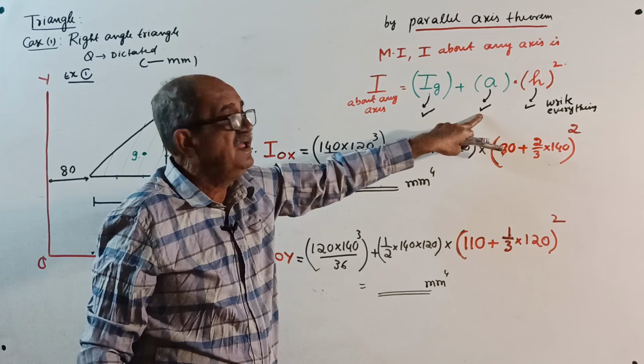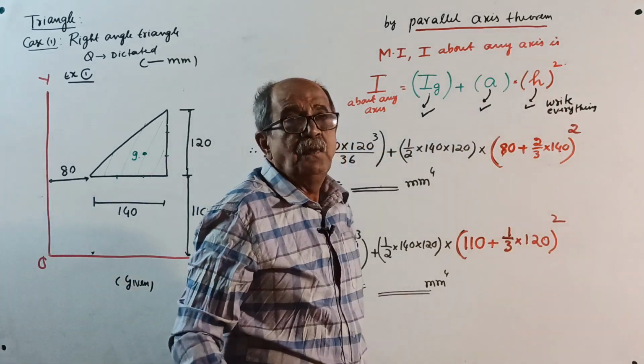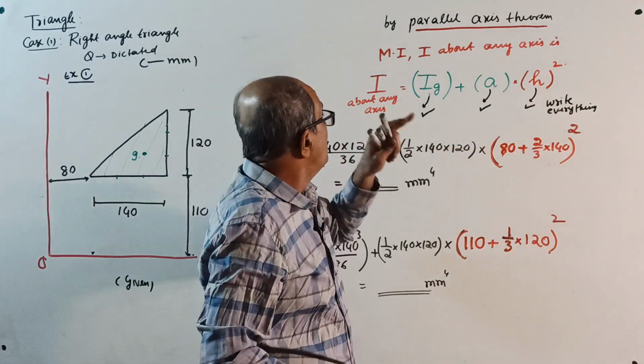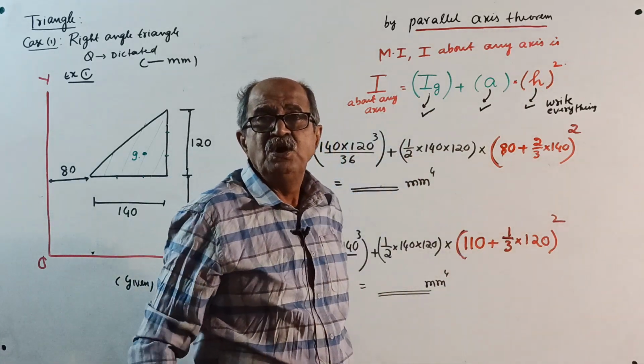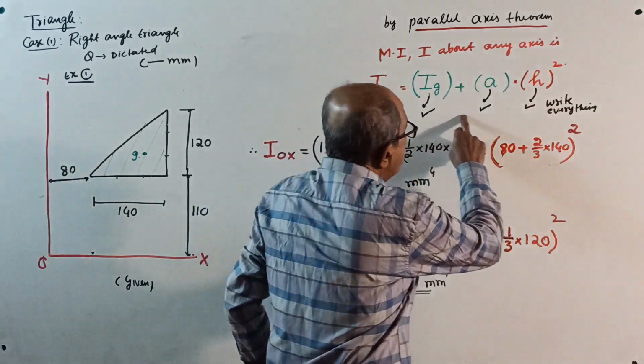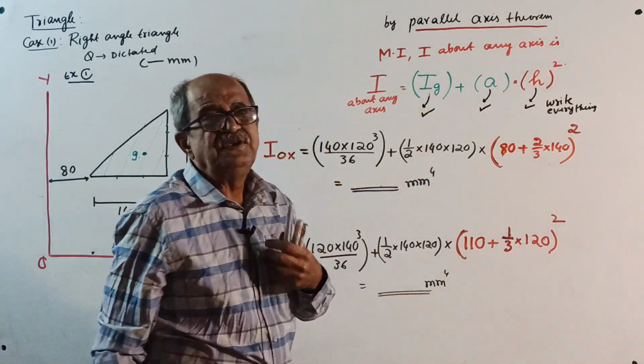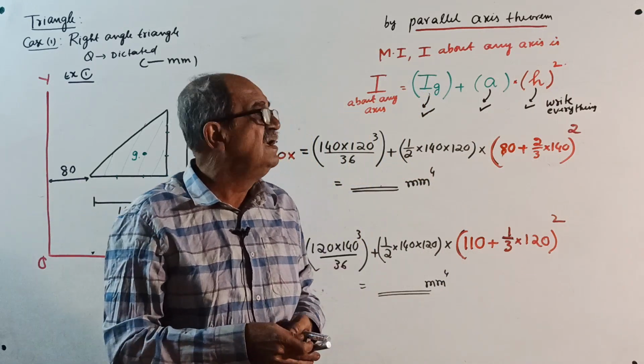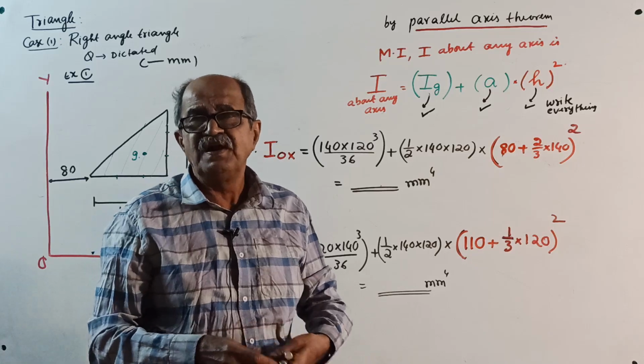A is the area considered. h is the perpendicular distance from the centroid of the component to the required axis. That is to be squared. What all I told, right? I am telling this since the past 4-5 classes, or I think in the class I told more than 30-40 times.